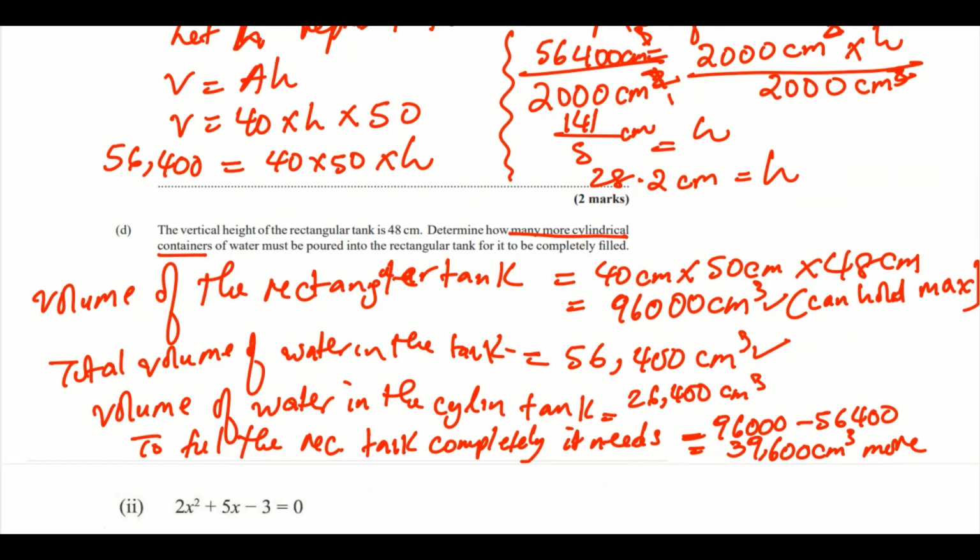So, to find out the number of cylindrical containers of water needed to fill the tank completely, we're going to have just a shortcut number of cylinder container, and it's more because the keyword is how many more. Just shorten everything here.